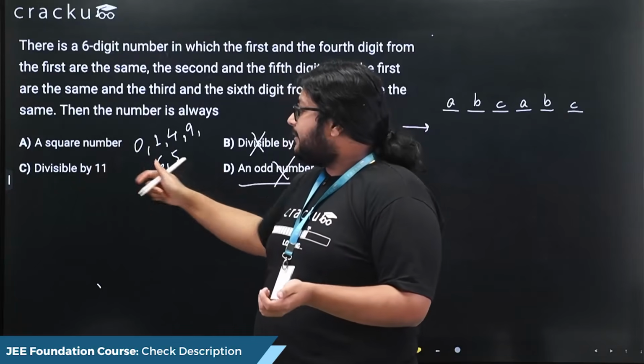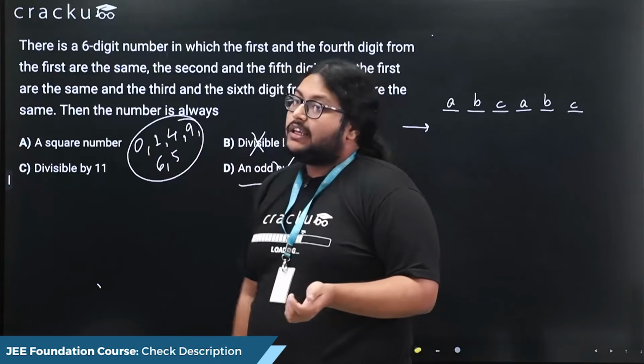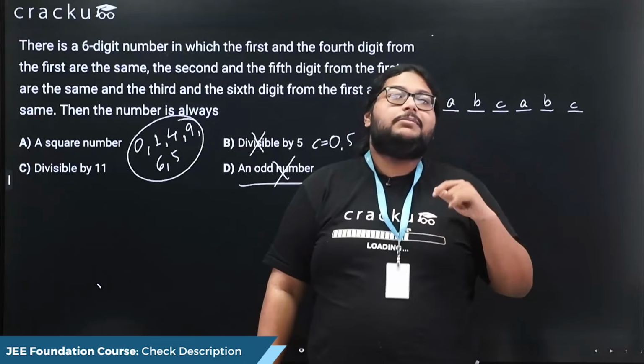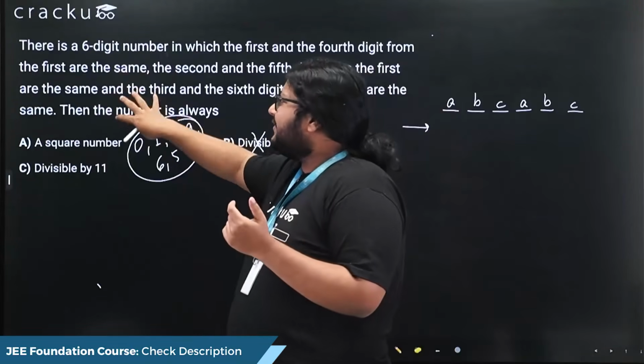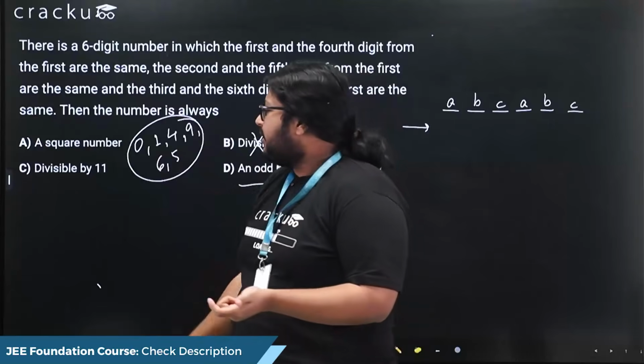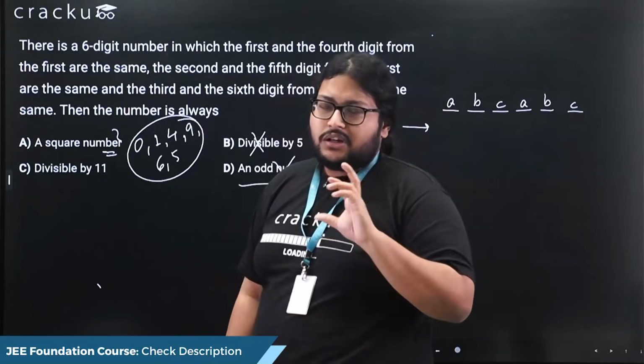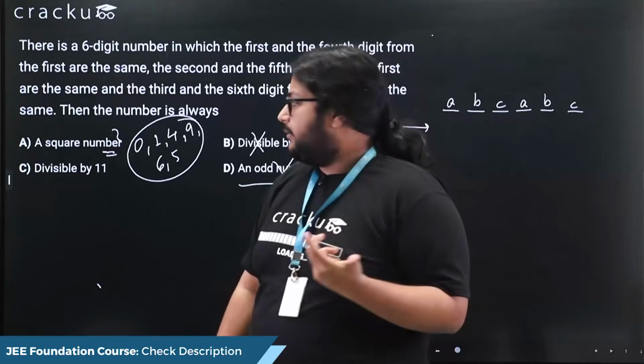So we know a square number ends with all of these digits, and if anything else, it is not a square number. But none of that basically tells us, because we are not given anything about the numbers. So square number or not, this is also something which we can't comment on. It's not obviously going to be always a square number.